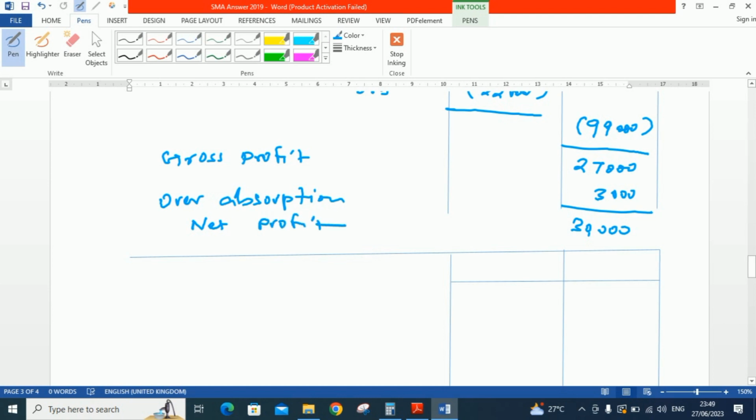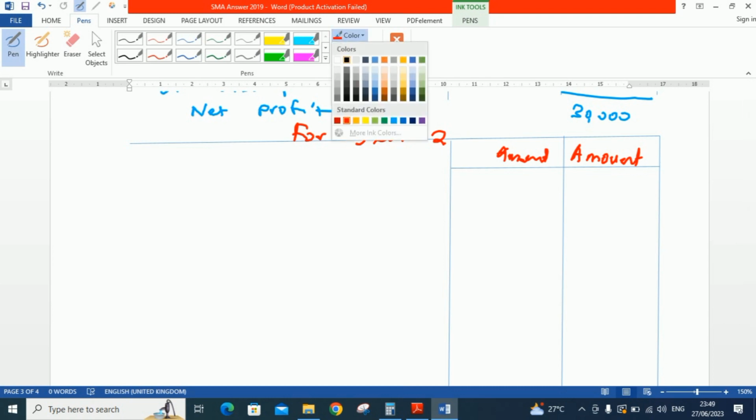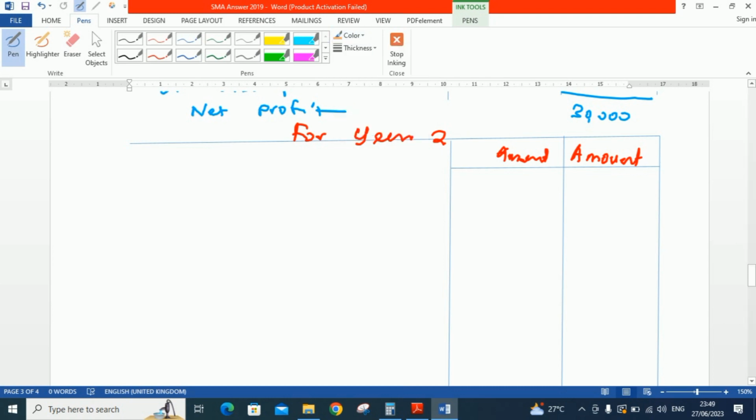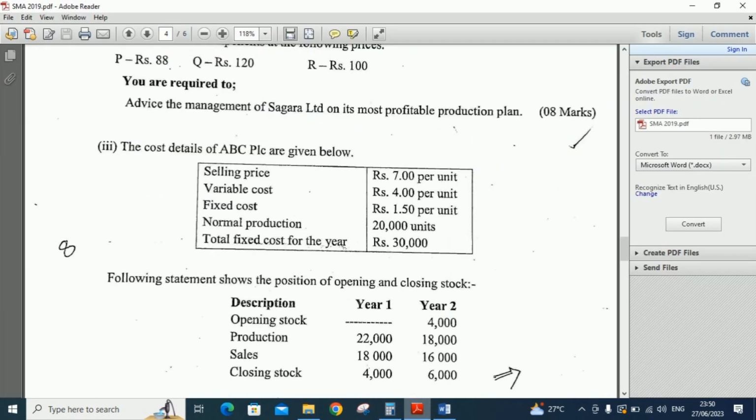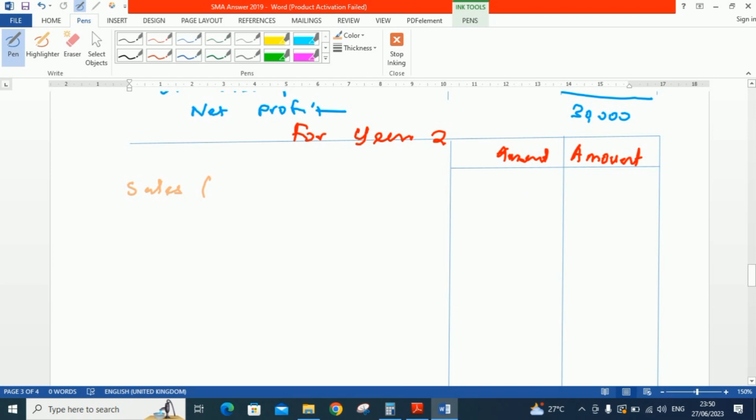Right. Then we can calculate the profit statement for year 2. For year 2, the sales is 16,000 into 7, so total sales 112,000.